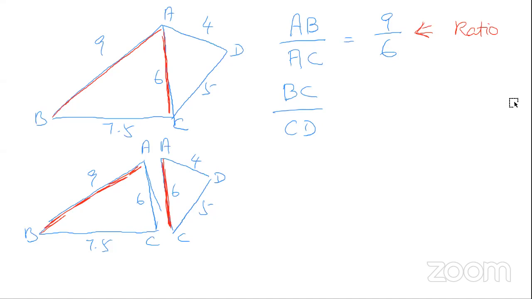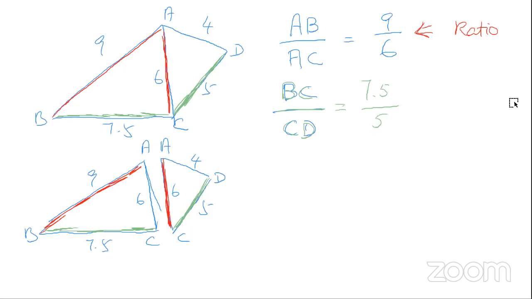Okay, it's okay now. If these two, BC, if you look at these two together, then I have BC divided by CD, the length 7.5/5.